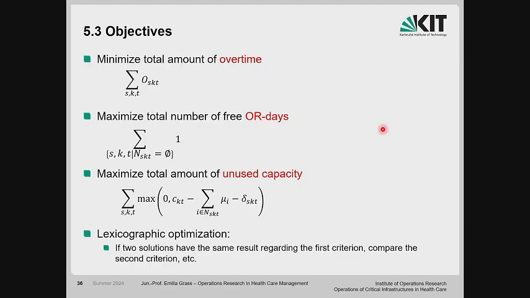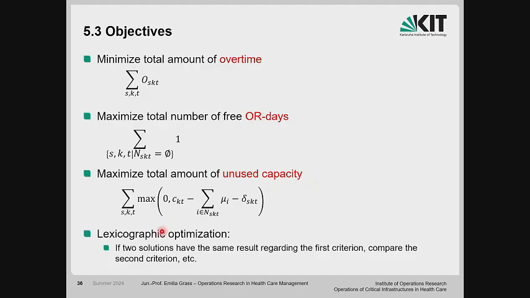And as always, if you have several objectives, so you have a multi-objective problem, there are several approaches for how to deal with different and possibly conflicting objectives like this. Here we have a minimization, here we have a maximization, here overtime, here days, here capacity. So the question is how to deal with this multi-objective problem.